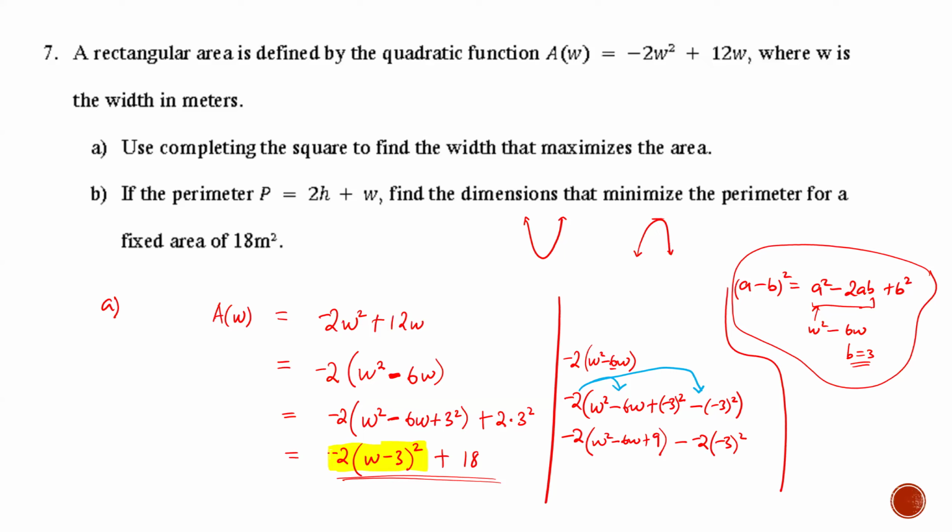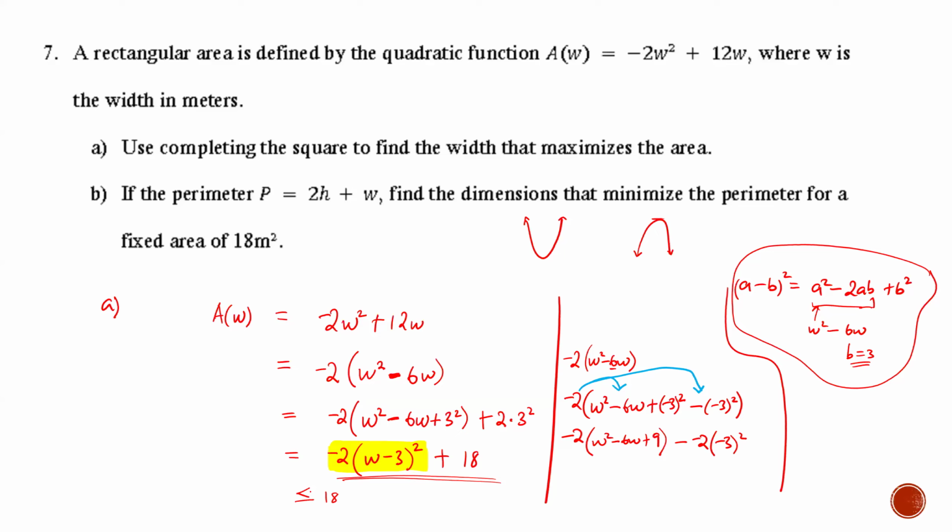It's non-positive, because you have a negative multiplied by a non-negative number. So it's always going to be reducing on 18 unless it's 0. So I can confidently say that this expression is less than or equal to 18. It will never be greater than 18.